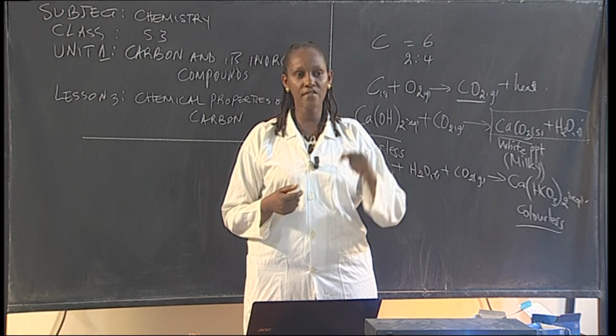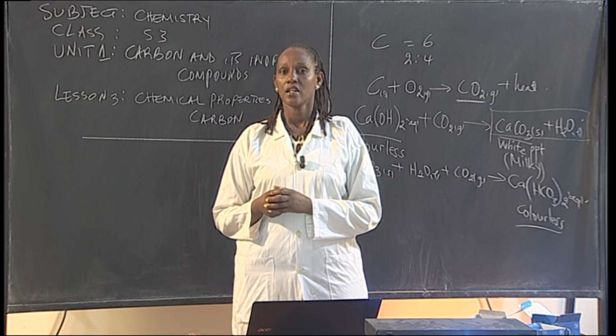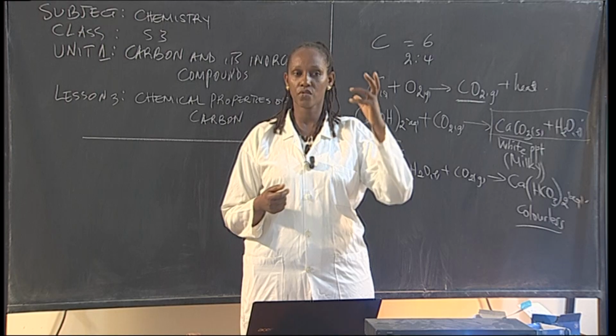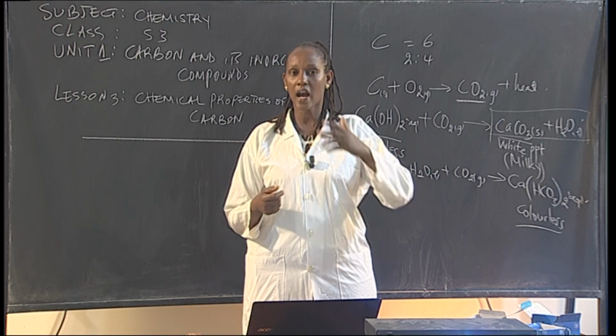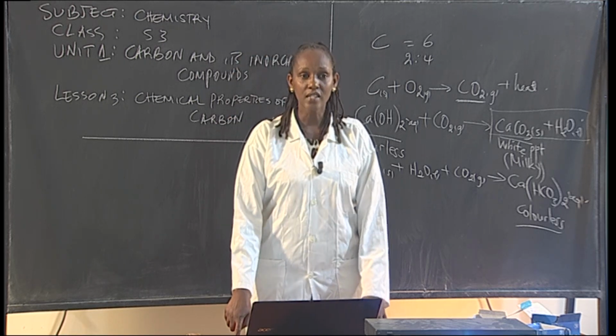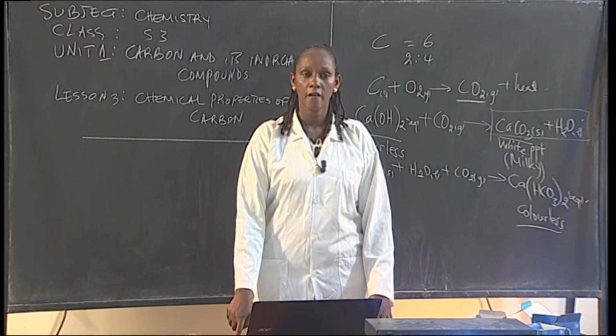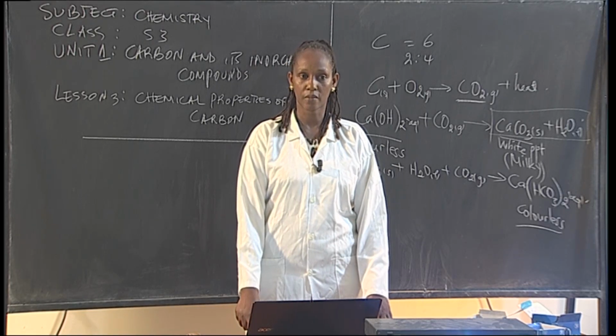Whenever carbon reacts with concentrated sulfuric acid, there is formation of carbon dioxide, sulfur dioxide, and water. So two gases are formed: carbon dioxide and sulfur dioxide gases, plus some amount of water.